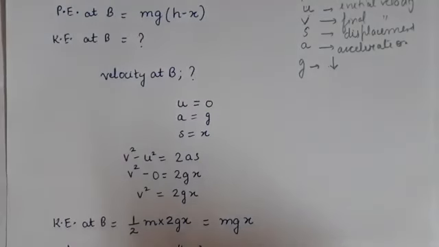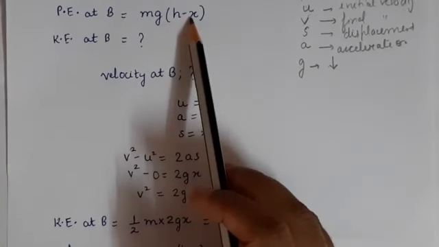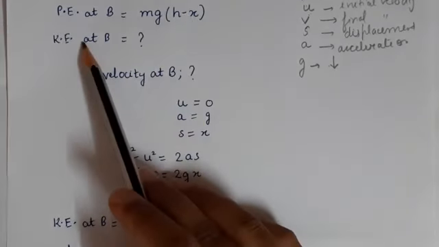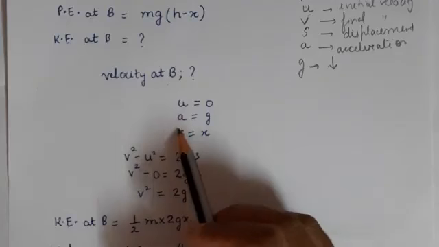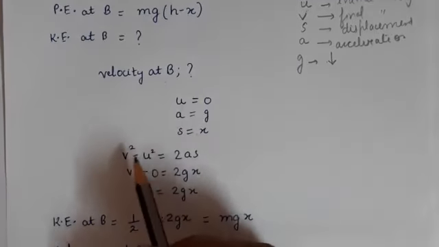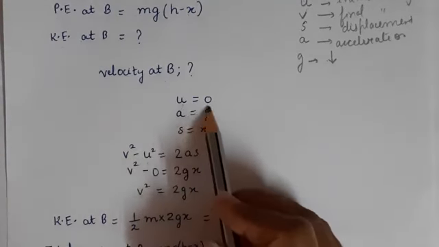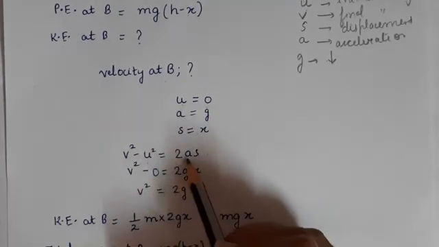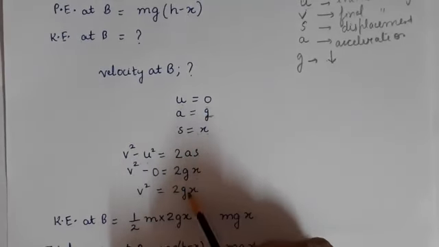Again I am repeating: at point B, the potential energy will be mg(h minus x), and for kinetic energy we need to calculate what is v. So initial is 0 at point B, acceleration is g, displacement is x. So v square minus u square is 2as. So v square is equal to 2gx.